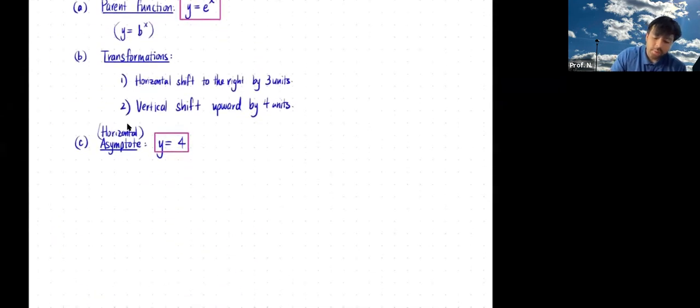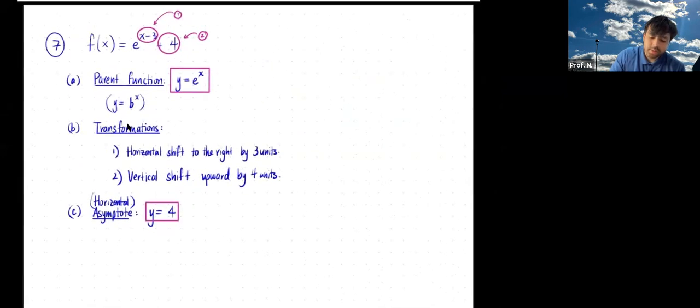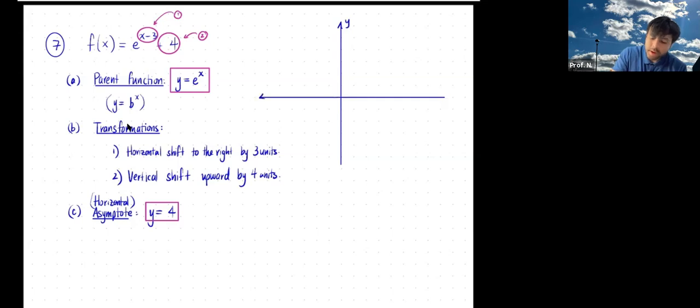Okay, so what would help first before we continue is graphing it or giving a sketch. Remember, we utilize the parent function graph first, and everything we know about the parent function. It's e to the x, and it's an exponential growth function. So it's going to look something like this.